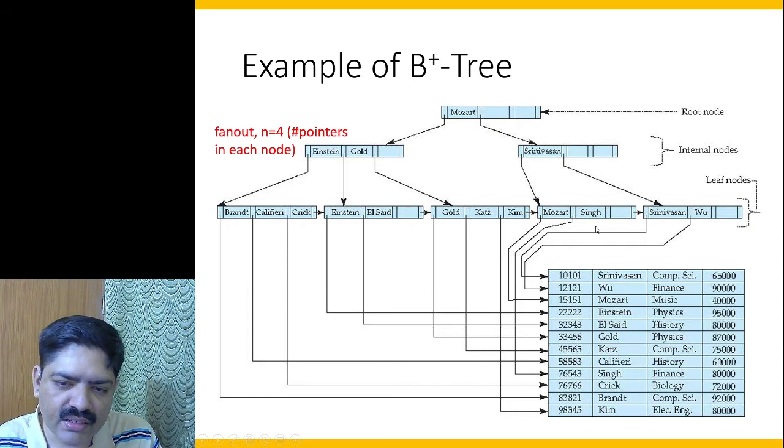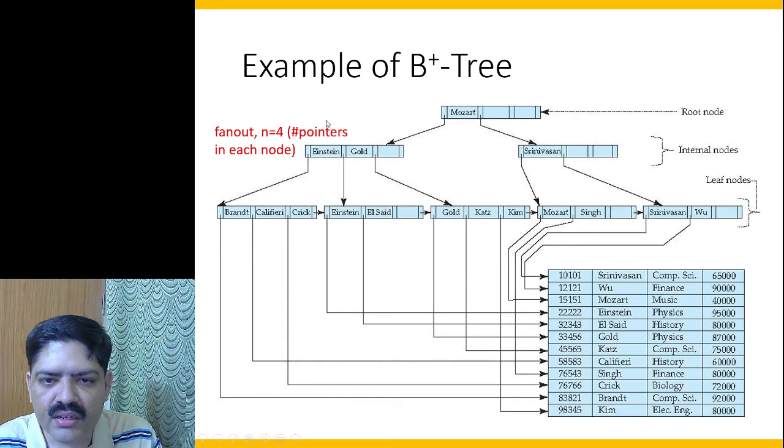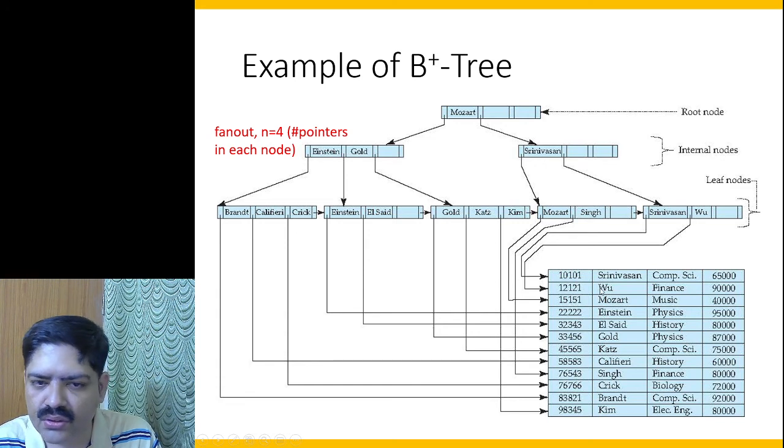So there is definitely overhead to store B plus tree indexes. But the beauty of B plus tree indexes is that one, it allows us sequential access to the column of interest, and also it allows us to navigate quickly to the node of interest.